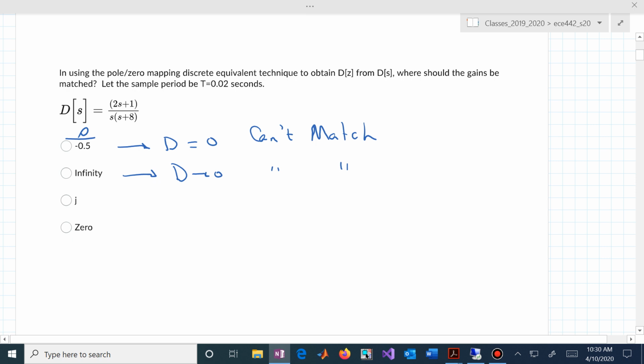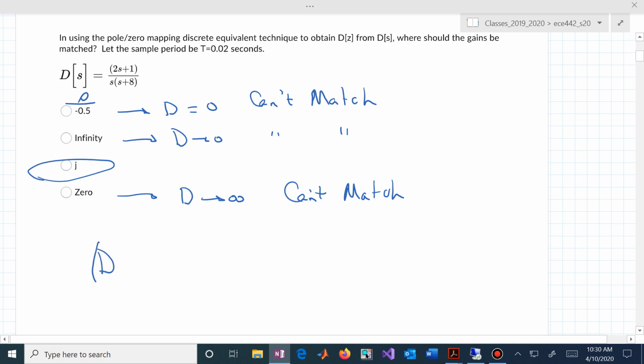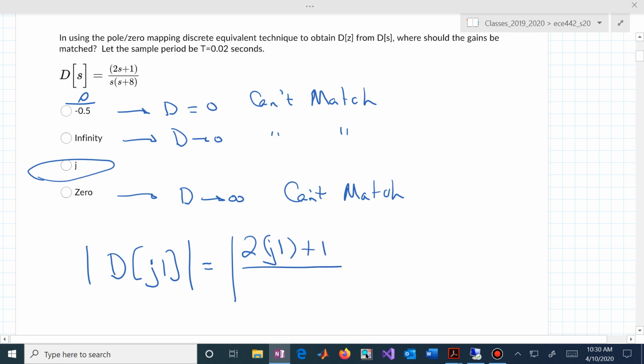What about when s goes to 0? Now d goes to infinity, and you can't match. By default, then, the only possibility is to look at matching the gains when s is equal to j, or j1. And so now we would be looking at 2 times j1 plus 1 over j1 times j1 plus 8. You didn't have to go all the way through this.